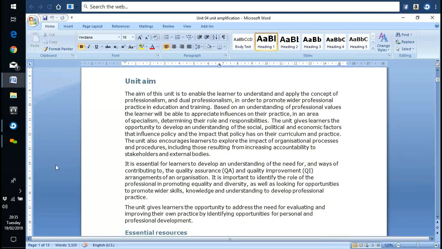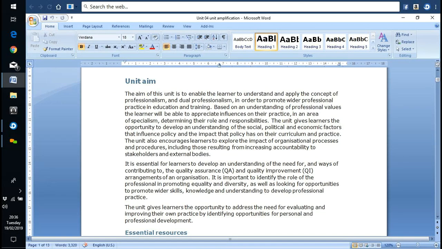So this is always worth reading through. I'd usually brush over this, but on this one it's important actually. The aim of this unit is to enable the learner to understand and apply concepts of professionalism and dual professionalism in order to promote a wider professional practice. It's based on an understanding of those professional values, and the learner will be able to appreciate the influences on their practice in an area of specialism, determining your role and responsibilities.